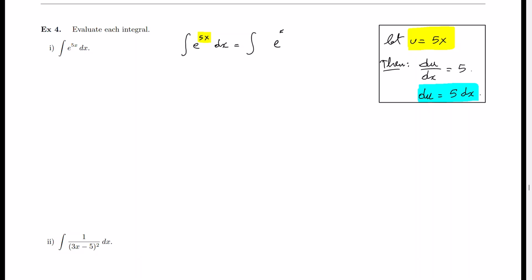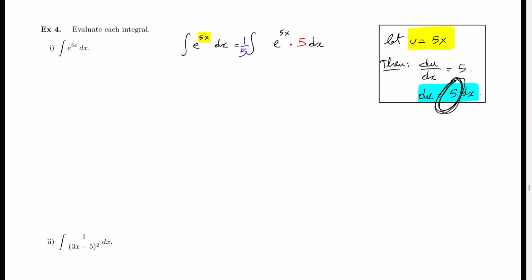So it says e to the 5x, it says the dx. We want this 5 to become visible. So here's what we do for that. We just put a 5 here next to the dx, and we multiply it with everything else. But then you're going to say, well, this changes the whole problem. And I agree, it changes the problem. So to keep everything balanced, we put 1 over 5 on the outside.